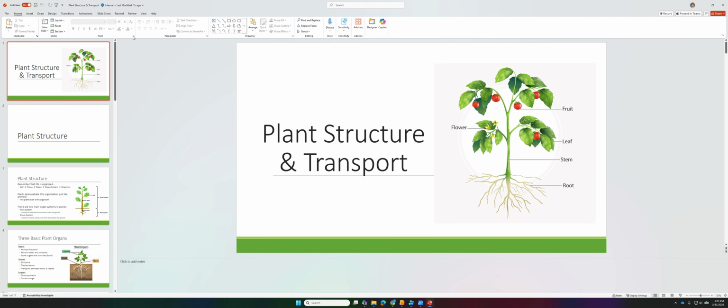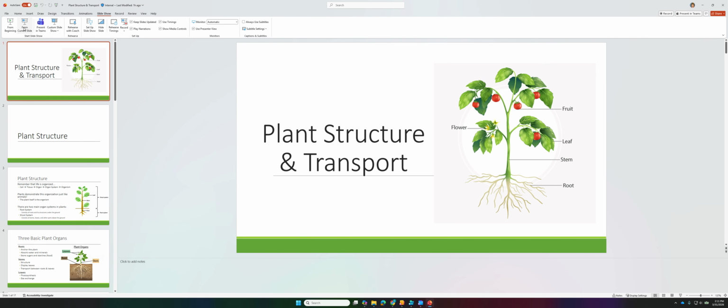But starting with those seedless vascular plants, we started to see true roots, stems, and leaves, and so a lot of these things would apply to them as well. But some of the more specifics, like the seeds and the flowers and the fruits, would not be included in those lower plant groups. So in general, we're just going to talk about overall plant structure.